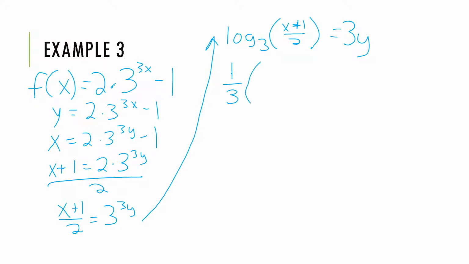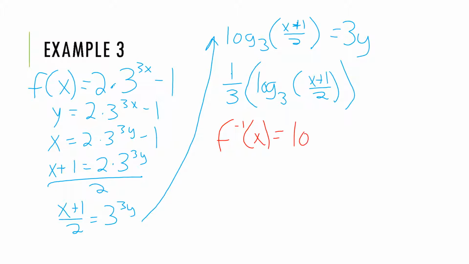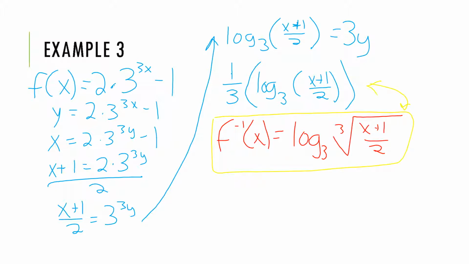So we're going to say 1/3 times log base 3 of x plus 1 over 2. And to rewrite that as a function, we would say the inverse is equal to log with base 3 to the 3rd power of x plus 1 divided by 2. And I know these are written two different ways. They can actually both be written as functions if we add the inverse here. Either one of them is an acceptable answer.